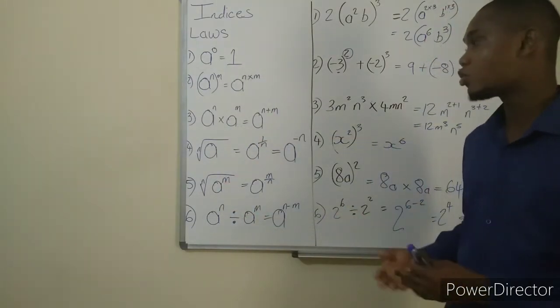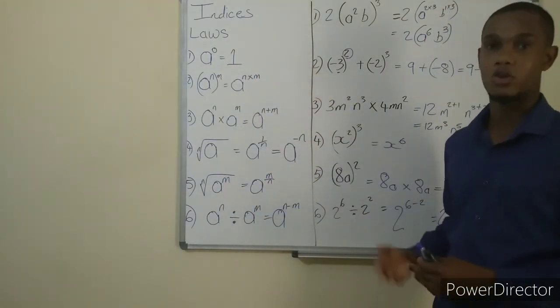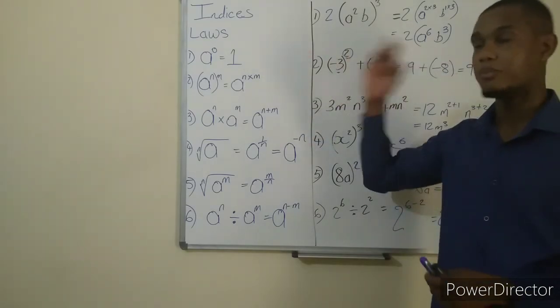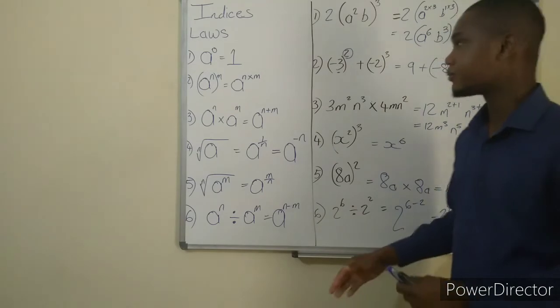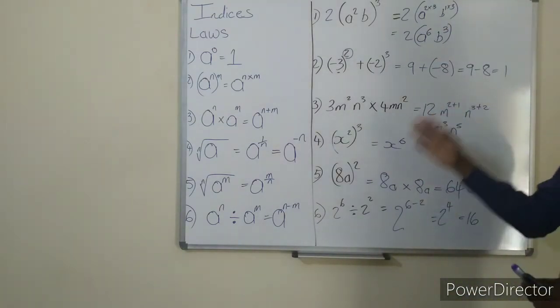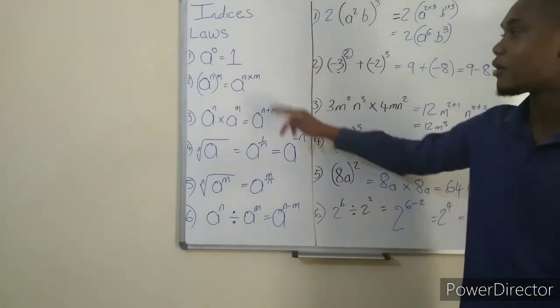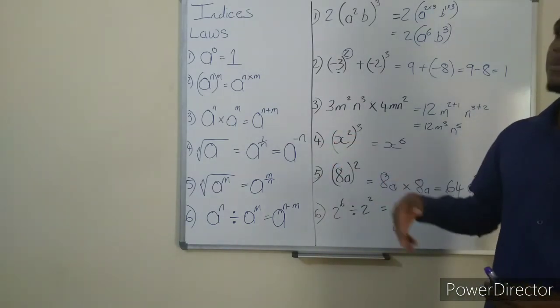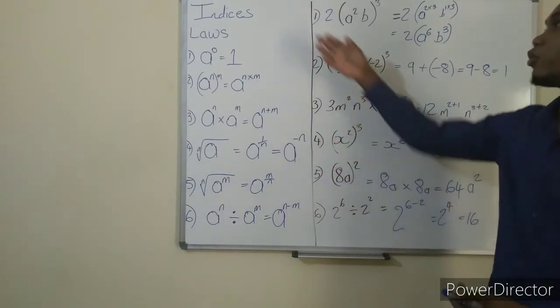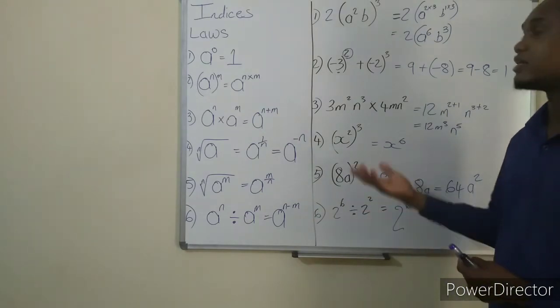So different places you go, you'll be seeing the rules in different order. So you will have to just try to memorize the rules themselves and not the order in which they fall. So just keep practicing. Try to memorize the laws and how they are applied, and you'll be able to basically become a master of working with index or indices.